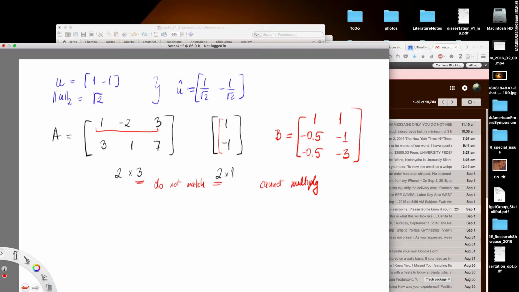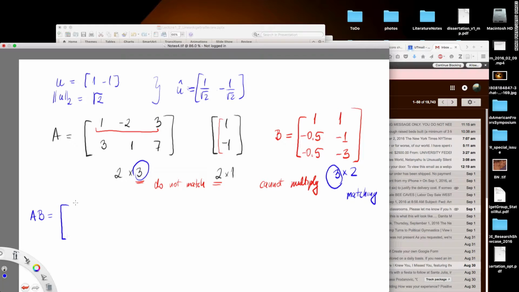Can you tell me the dimension of matrix B? 3 by 2. So can I do the multiplication with A? Yes, because my 3 and 3 are matching. So let's do this multiplication AB.